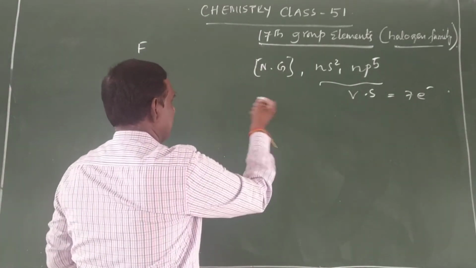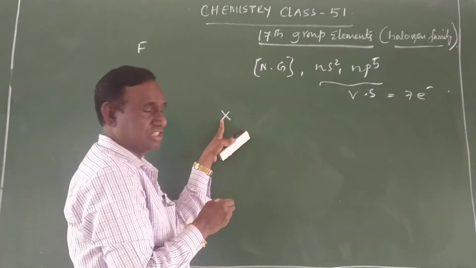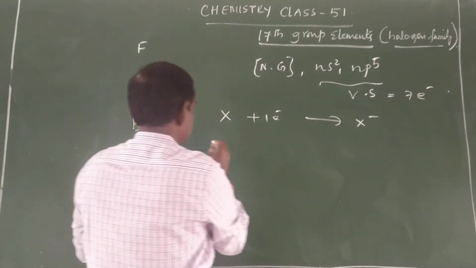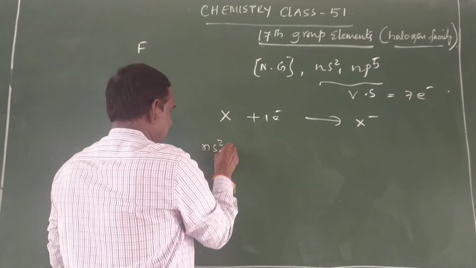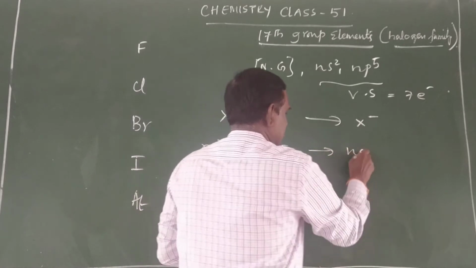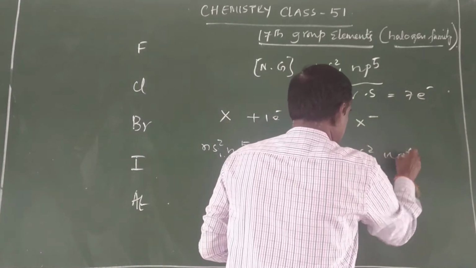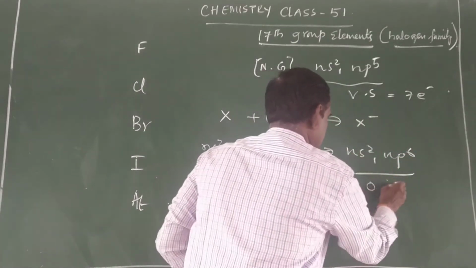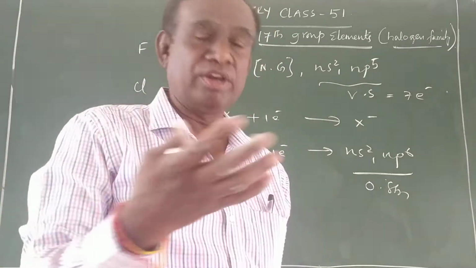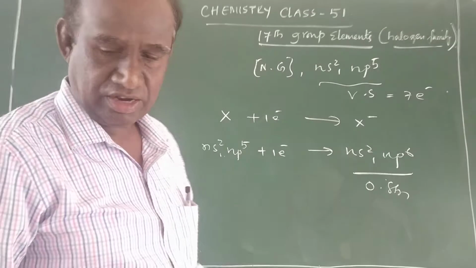For example, X, a halogen, plus 1 electron gives X minus. That is ns2 np5 plus 1 electron gives ns2 np6, which is the octet structure. Therefore all halogens exhibit the -1 oxidation state.